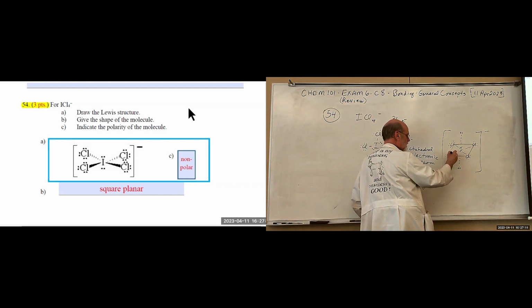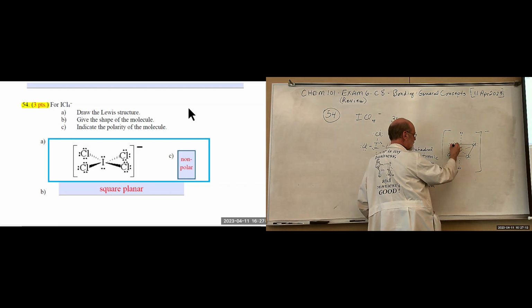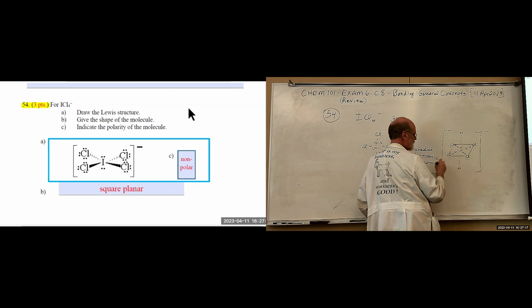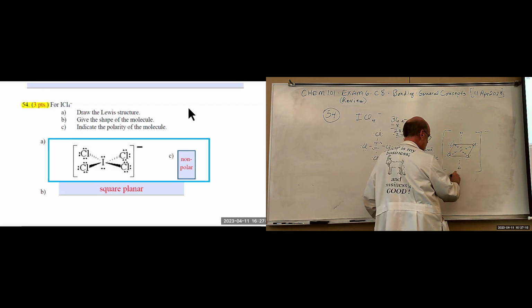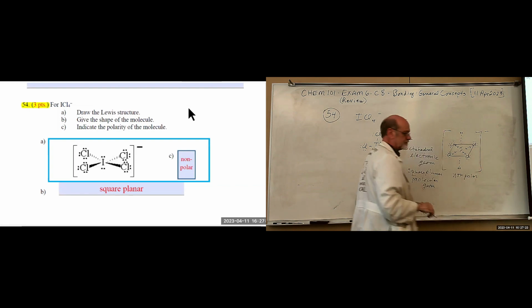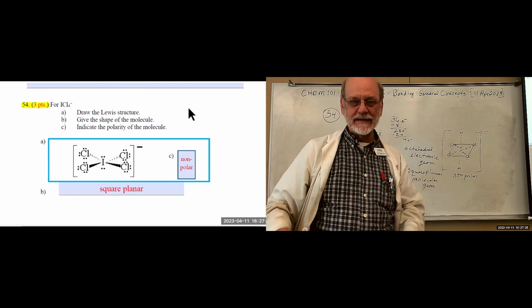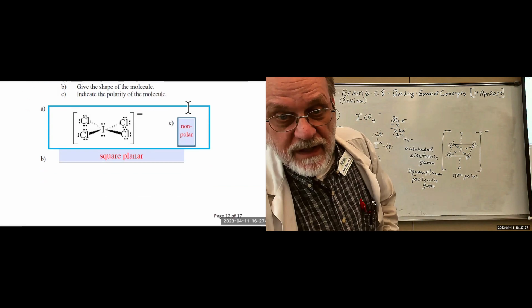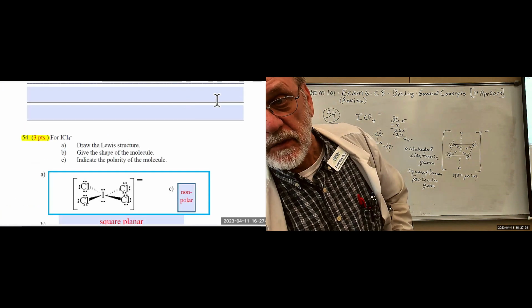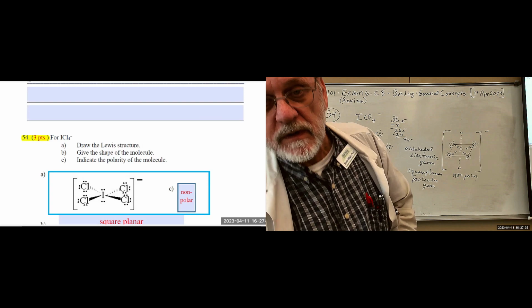But they're equal and opposite in all directions. So they cancel one another out and this is a non-polar molecule. Okay? There she goes. And that's it. We are done for this review.